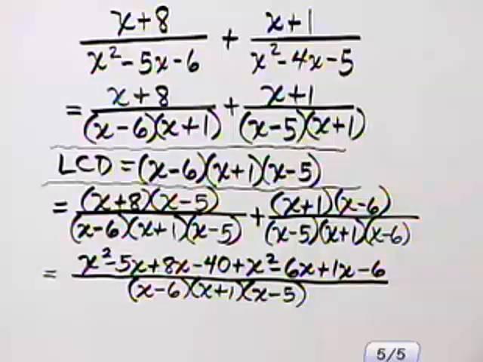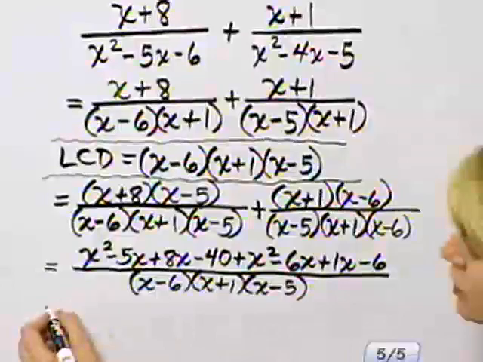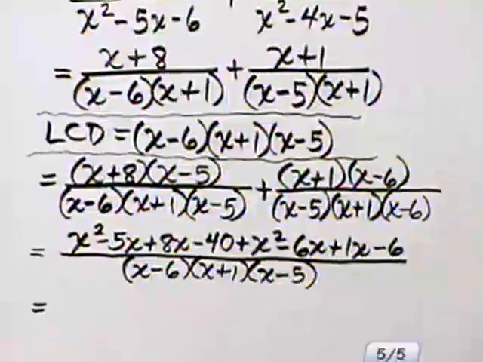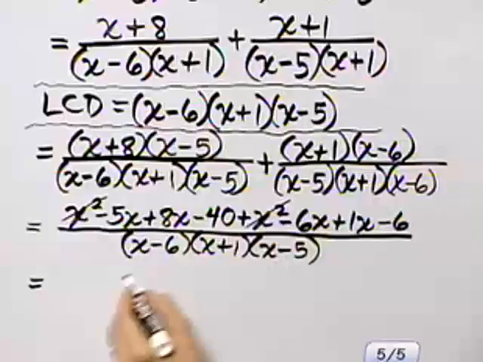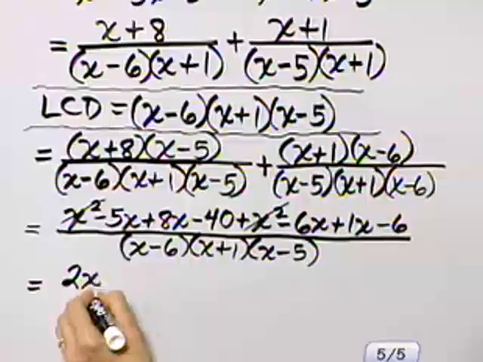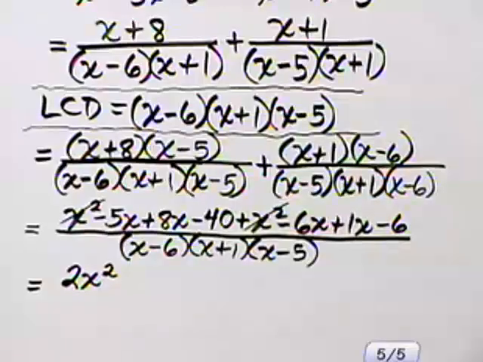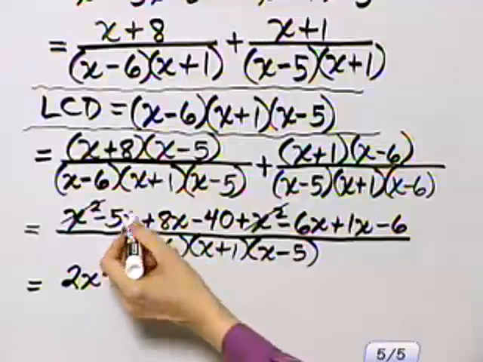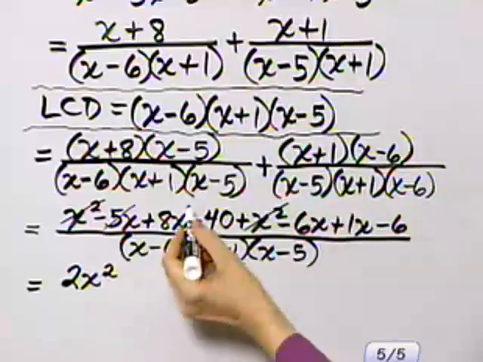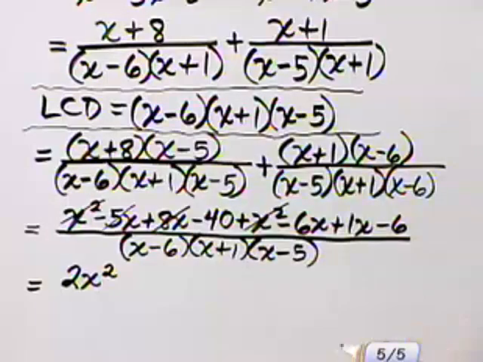And now we just need to simplify in the numerator. So let's see, I have x squared plus x squared. I'm looking for like terms. That's 2x squared. Now be very careful. Negative 5x plus 8x, that's 3x. 3x minus 6x, that's negative 3x.